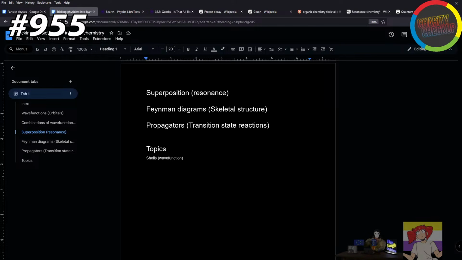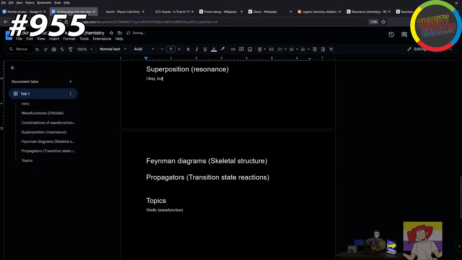Okay. Superposition residence. Okay, but let's talk about another kind of model. Am I the only one flustered by the all matter drawing? Not the last one, but the last one, and how I'm like 4 feet in that one. You mean the rain one? Yeah.